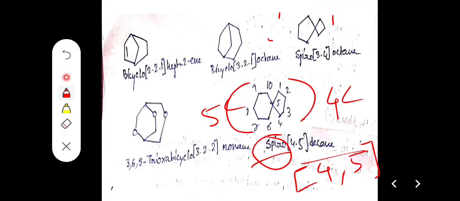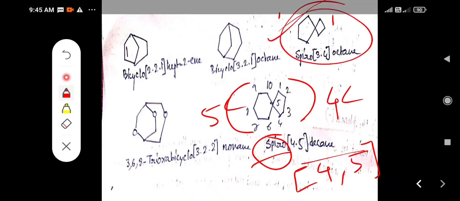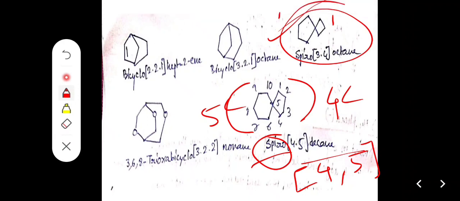Like for example, in this structure, on one side there are 3 carbon atoms, on the other side 4 carbon atoms, but in the bracket, as it is a spiro compound, we consider 3 then 4. Okay.